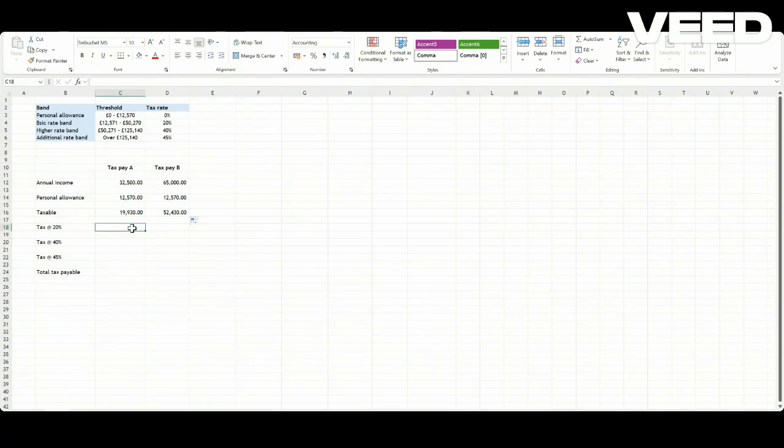So to do this, we say 19,930 multiplied by the 20% rate to give us our tax at 20%, which is 3,986. Since the taxpayer is not within the higher rate band, here we say 0%, and 0% again at the 45%. Of course, the taxpayer is not within these ranges in terms of annual income.